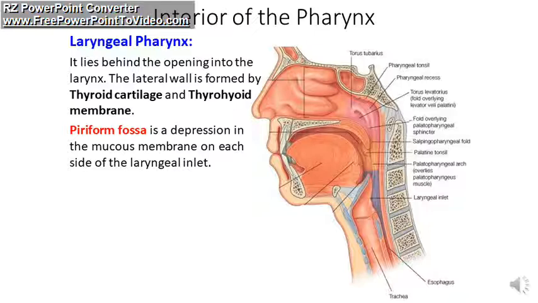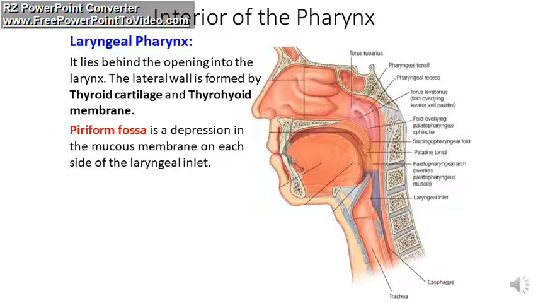While the laryngeal pharynx here, it's the relationship between the pharynx and the larynx in this area. If you look at the indicator, this is what it's called. So we have the nasopharynx, oropharynx, and laryngeal pharynx. These are the three parts.